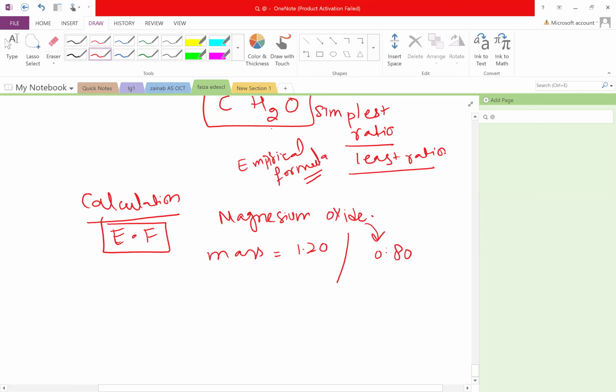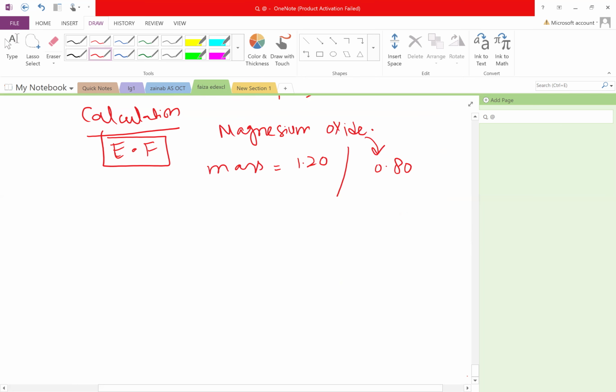So to find the empirical formula, the very first step you have to do is find the moles first. So how to find the moles? How do we find the moles?